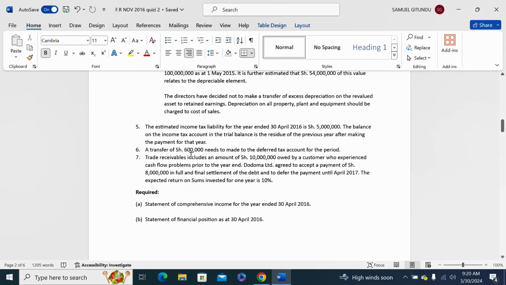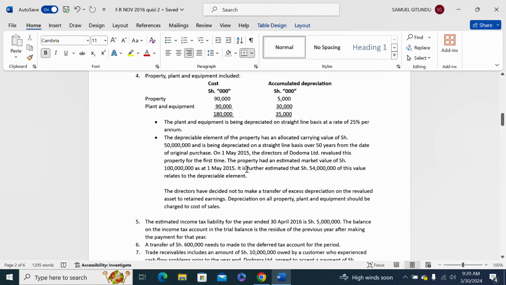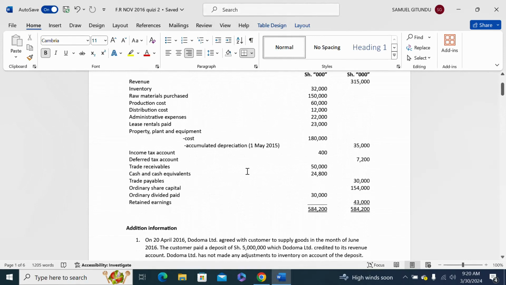So we can check the balance breakdown of the deferred tax. The deferred tax account is 7,200,000, and then the income tax account is 400,000.